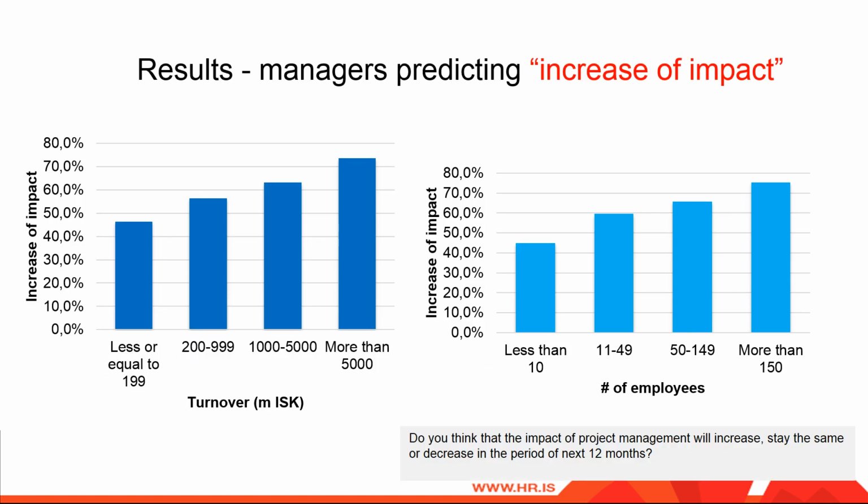You can see that the increased impact, it's obviously that in particular among larger companies, the managers of those companies think that the increase of impact will be significant. And you can see there is a correlation between the turnover and the number of employees and the consensus regarding the impact.